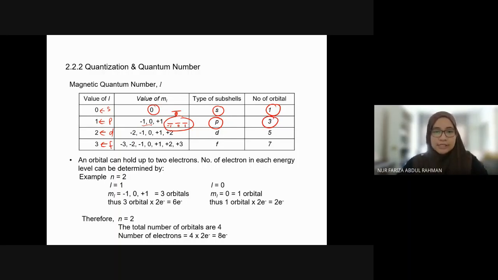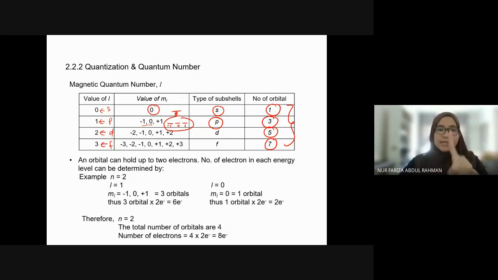Same goes for D and F. That's why the number of orbitals for D is 5 and for F is 7. So this is fixed for all of the orbital shapes. By right you can just memorise it. Remember, for the S orbital, there should be 1 orbital.